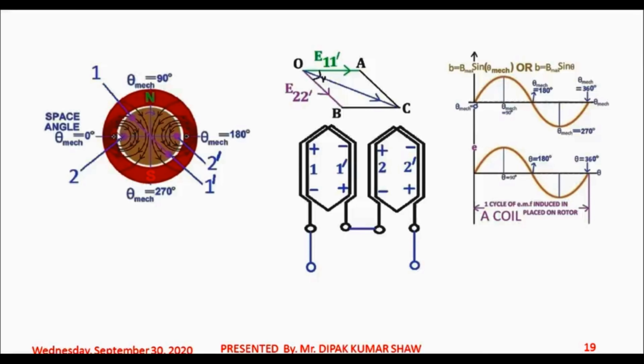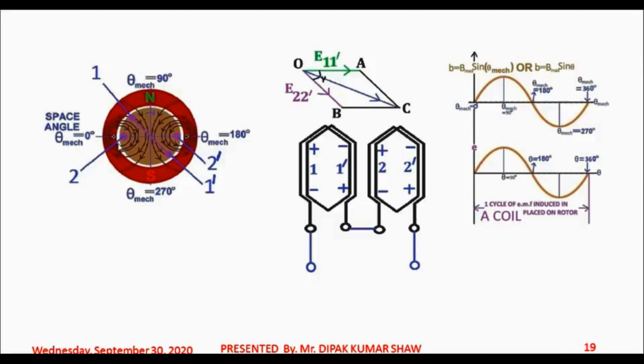That means, let's say we are measuring for theta mechanical equals 30 degree, then 60 degree, then 90 degree, then 120 degree. In this way, we have measured the value of the magnetic flux density along the air gap periphery.